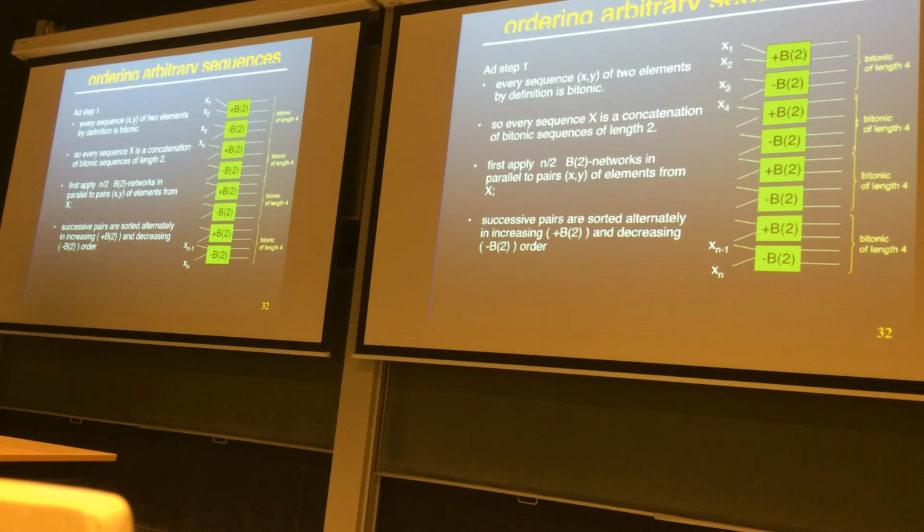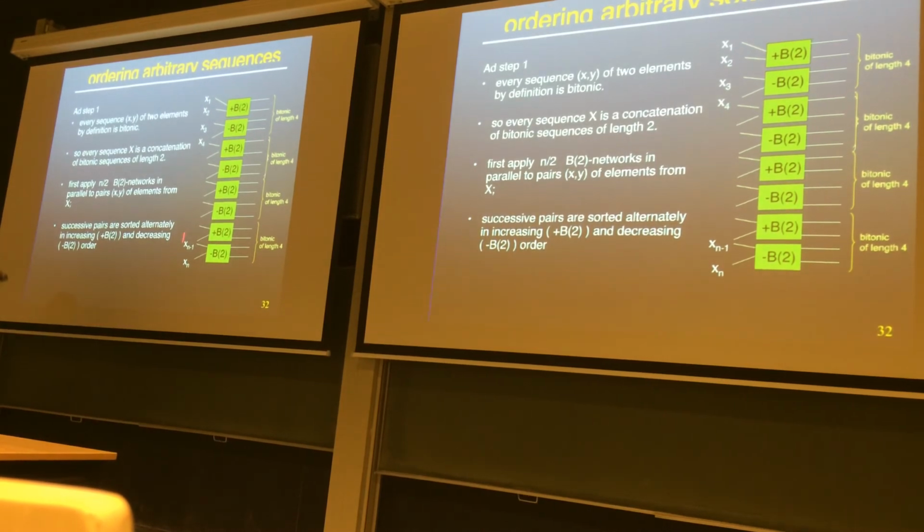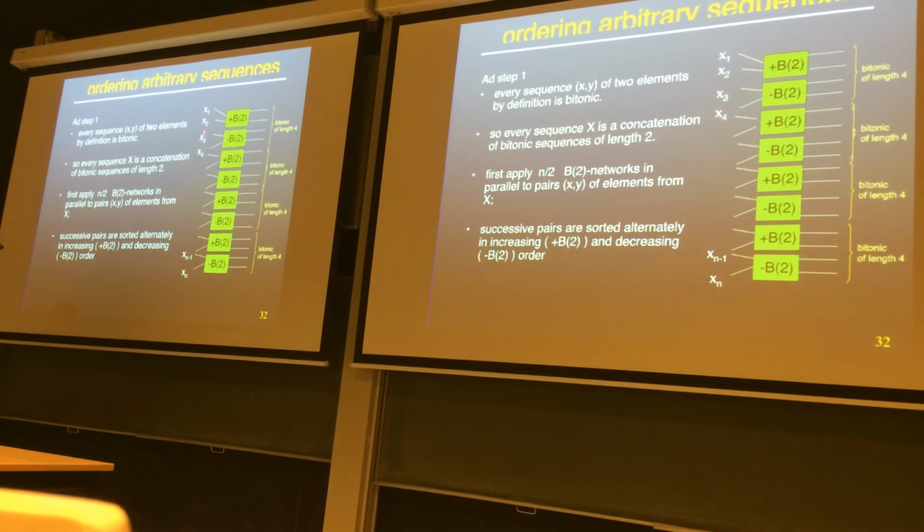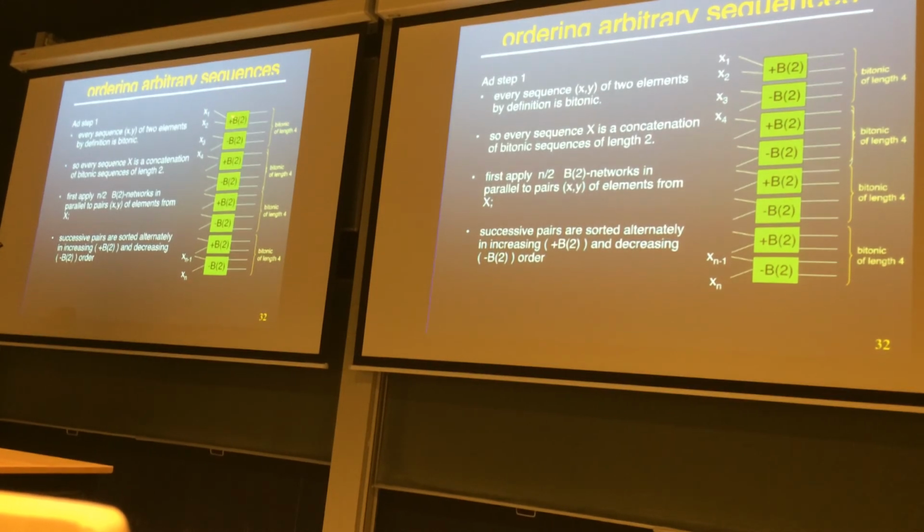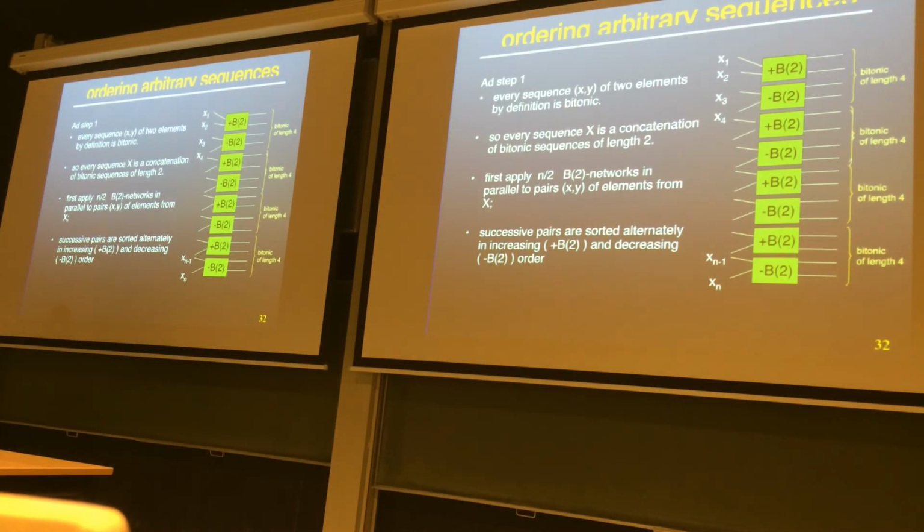So here is the idea. Here is your original sequence. Split it up in pairs and then feed these pairs to bitonic networks. And now we distinguish 2 variants of these bitonic merging networks, a plus and a minus. A plus sorts increasingly and a minus sorts decreasingly.